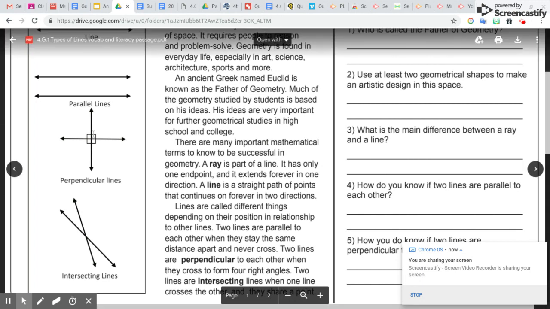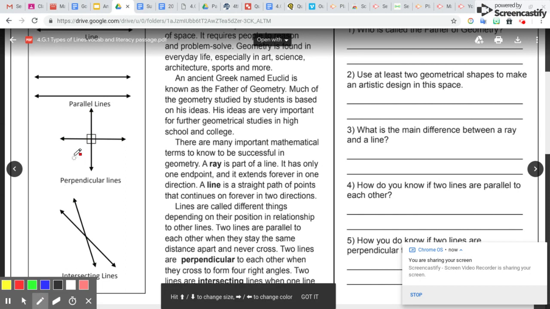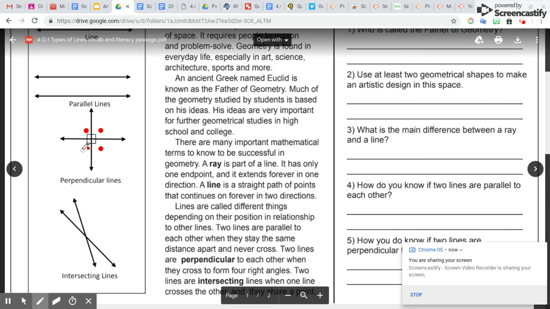Let's go back here. Look at this. What do we have here? We have our perpendicular lines, they cross, and they're creating 1, 2, 3, 4. They are creating four right angles, like it says here. Does it not create those four right angles?